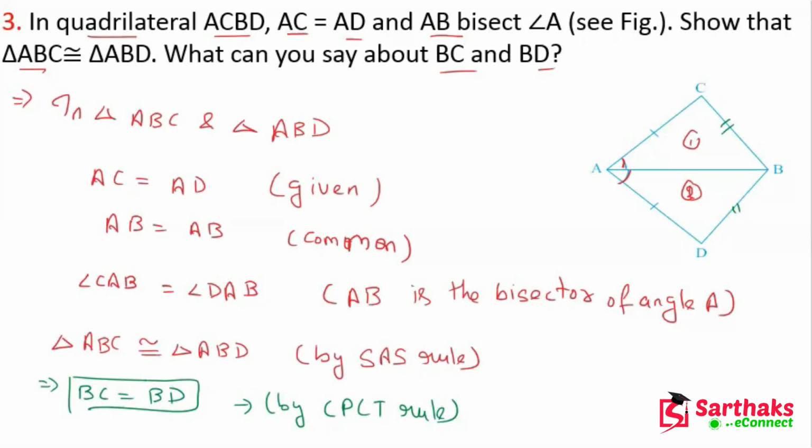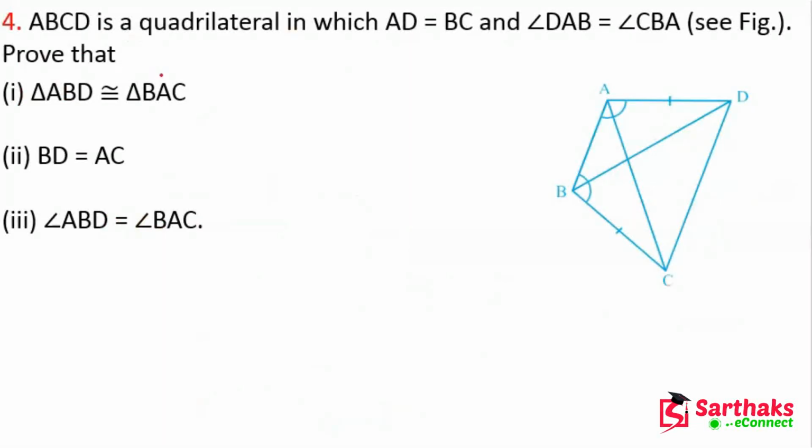So now the next question is an important question. ABCD is a quadrilateral in which AD is equal to BC. This line is equal to this line. And angle DAB, this angle, is equal to angle CBA, this angle.